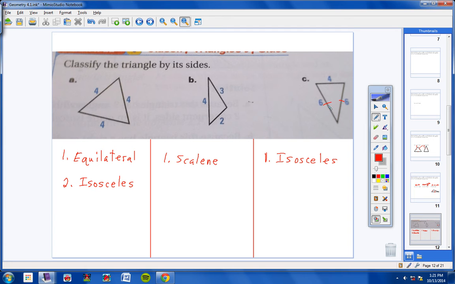So this triangle here is an isosceles triangle. I hope this is making sense. I don't want to do an overkill and bore you guys. However, I would rather do that than to confuse someone or not have you understand the math. So we're going to do one more problem like this, then we'll move on to classifying triangles by their angles.